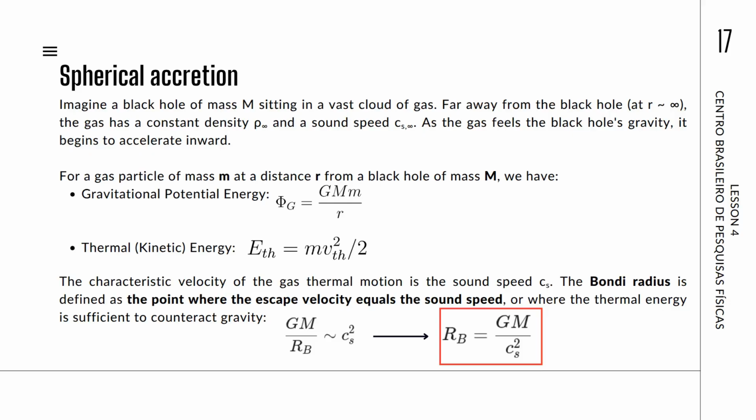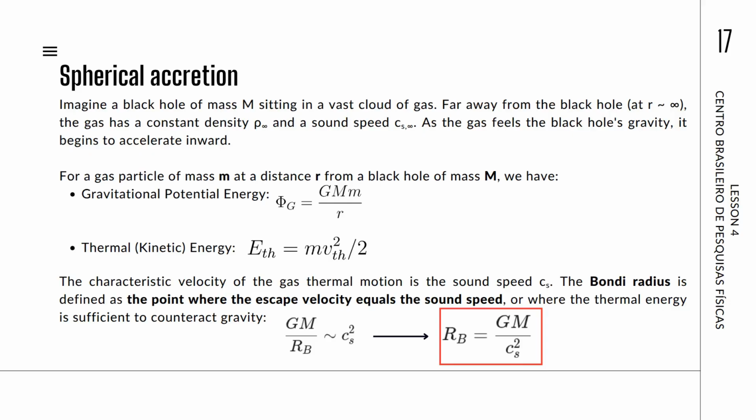So if the escape velocity is smaller than the speed of sound, which is the typical speed of the particles in the gas, then the random motion of the particles is not sufficient to avoid the accretion. Okay, so we define this, as an order of magnitude definition, as the Bondi radius.